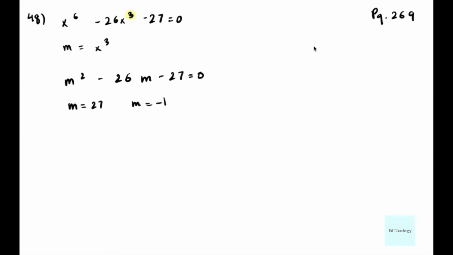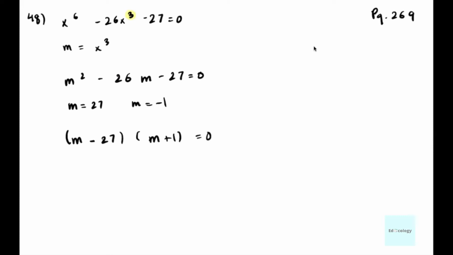So now we need to write it as if we solved it. We're going to write m minus 27 times m plus 1 equals 0. Why did we do that? Let's say you have this.